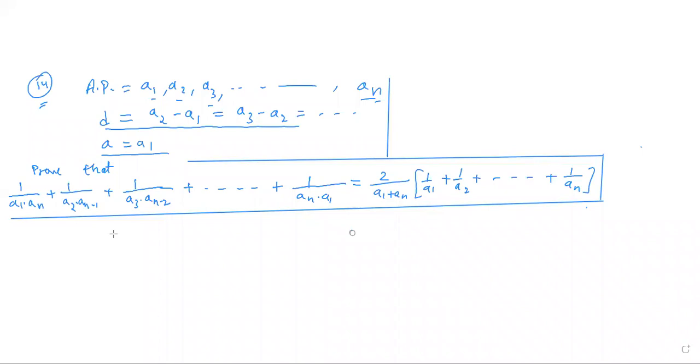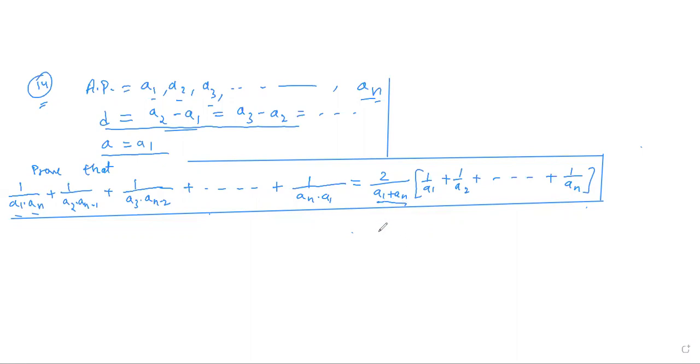So we have already written A2 minus A1 is equal to D. Now one more thing, A1 into An is there. Can you tell me the characteristic relationship between this A1 plus An and the other terms?